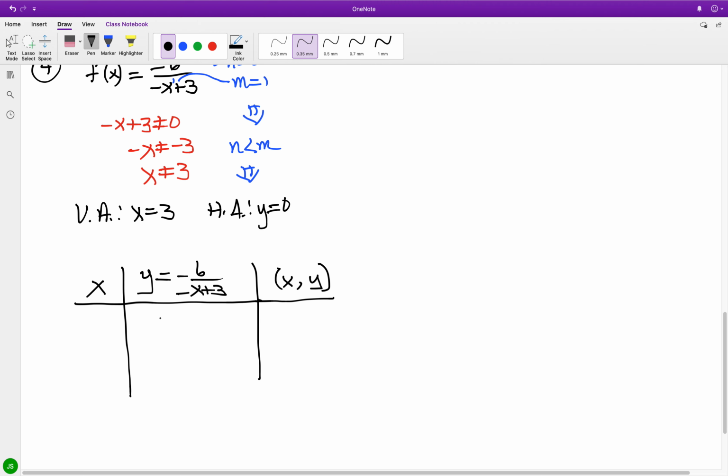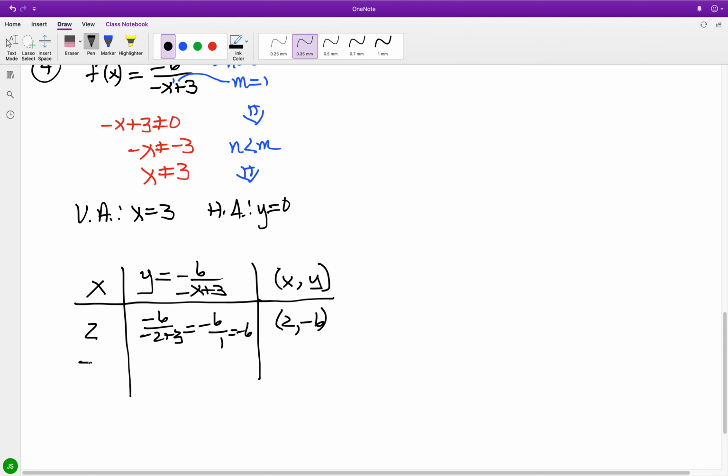So in this particular case, I'm just going to pick out some values. If I have x equal to 2, for y we have negative 6 over the negative of 2 plus 3. As an ordered pair, you would have 2, negative 6.